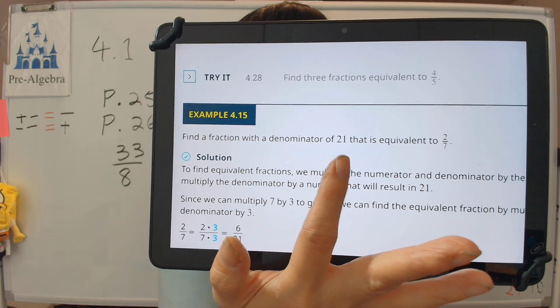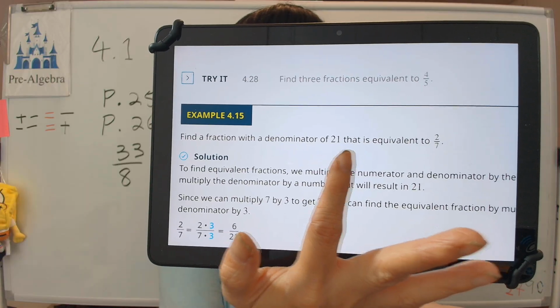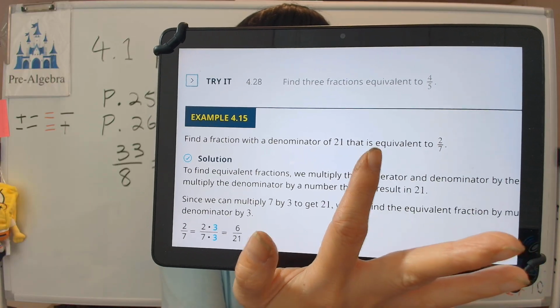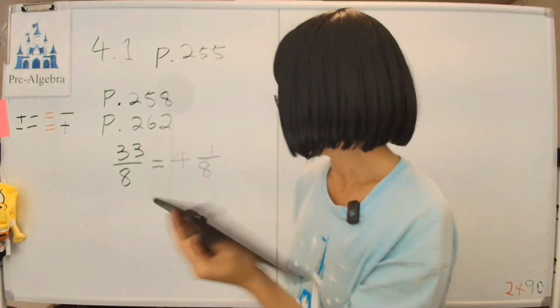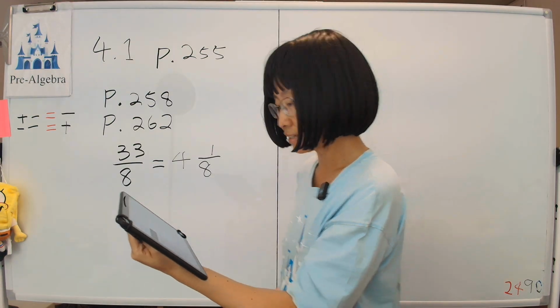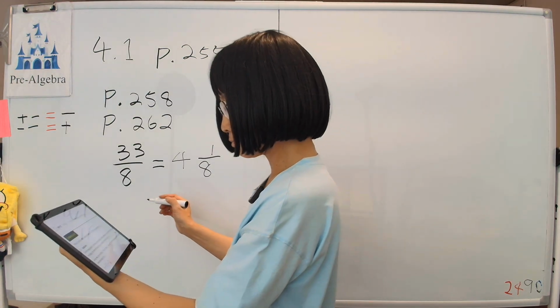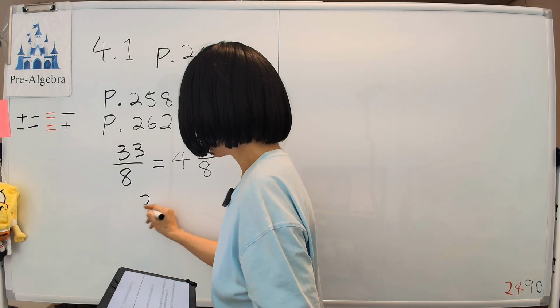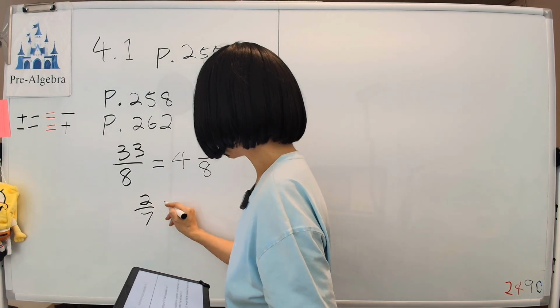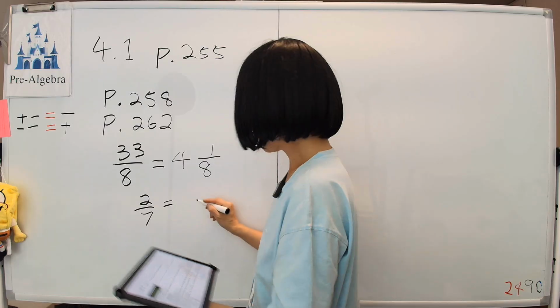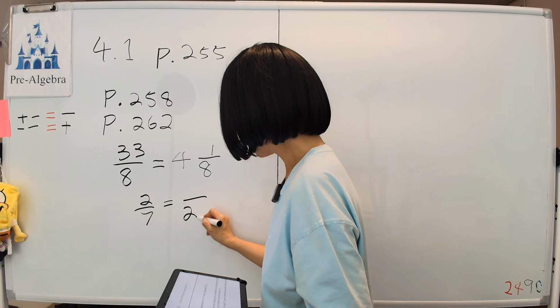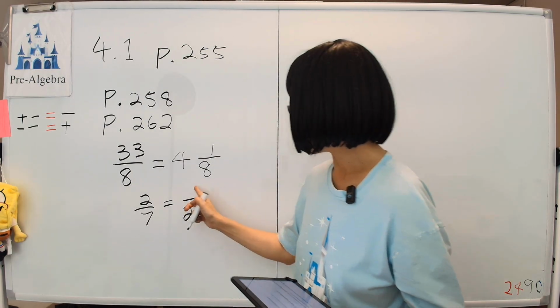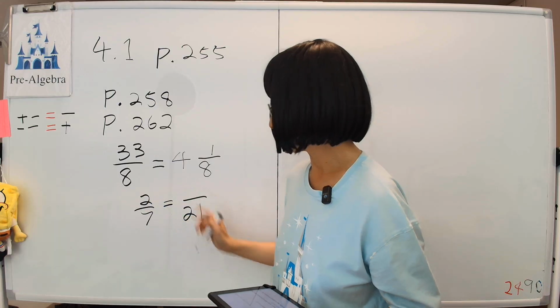We need a fraction whose denominator is 21, and what is the top? Let's write that down. We need a fraction that's the same as 2/7, but at the bottom is 21. So what is the top number to make these two the same thing?